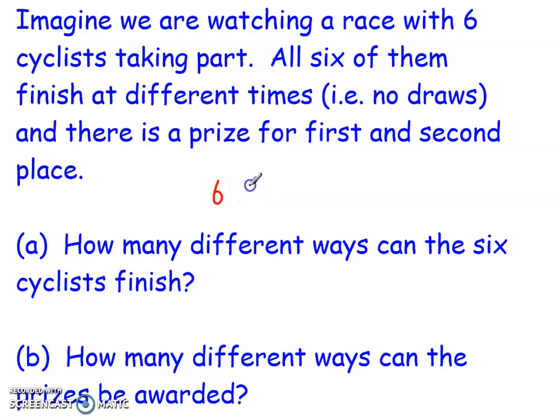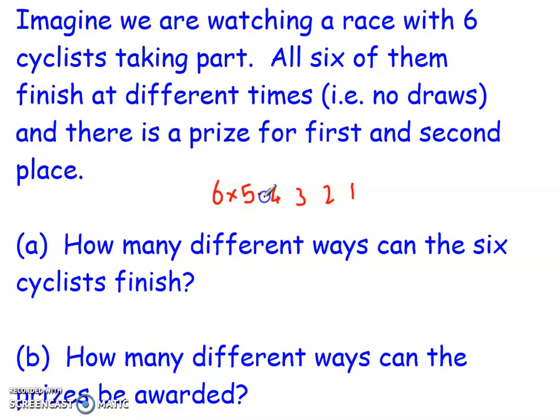We know there's then going to be 5 cyclists left to finish second, so there's going to be 5 ways they can finish. We then know there's 4 left to finish third, and we can continue on like that, so there's then 3 left to finish fourth, 2 to finish fifth, and 1 poor lonesome boy at the end to finish 6th.